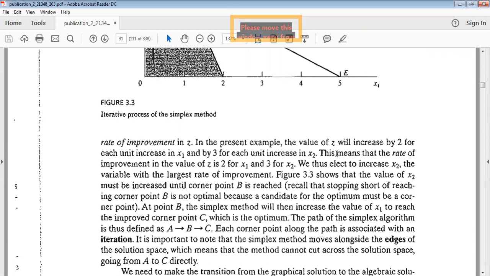You have to state that in the present example, the value of z will increase by 2 for each unit increase in x1, and by 3 for each unit increase in x2. This means that the rate of improvement in the value of z is 2. And you have to substitute the values in the Z equation.